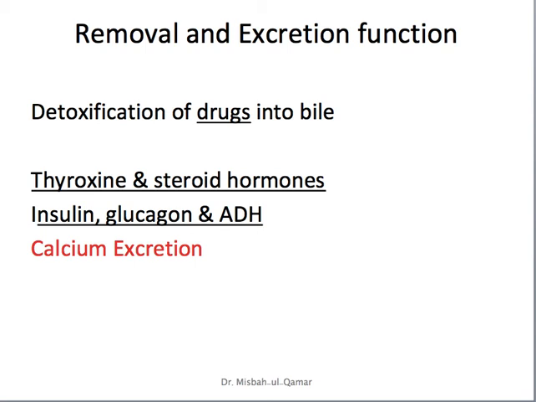So, normal thyroid function is dependent on hepatic formation of more active T3 from T4. Liver is also a major site of the degradation of insulin, glucagon, and antidiuretic hormone. Keep in mind that the excretion of body calcium also depends on liver through bile.